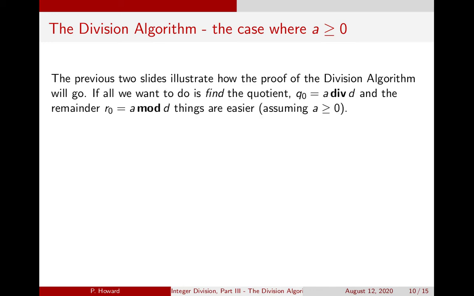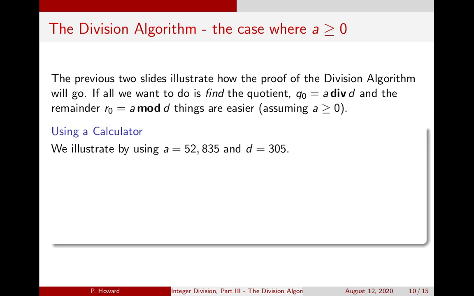If all you want to do is find the quotient and remainder, you don't have to do a proof. Right? Things are easier, even with relatively large numbers. We are still assuming that a is non-negative here. So let's look at an example with fairly large numbers. Let's suppose that a is 52,835 and d is 305.